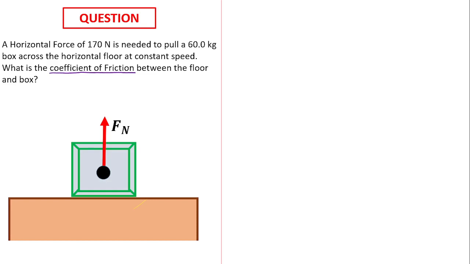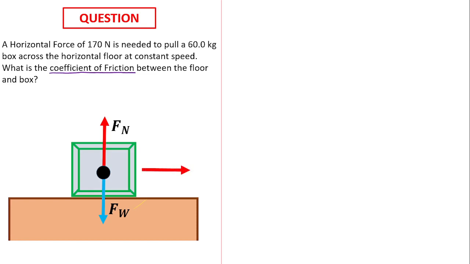The other force which you can talk about is the one which is moving downward. It is known as Fw, which is the force due to the weight. And then another force that you need to consider is the one which is going this side.